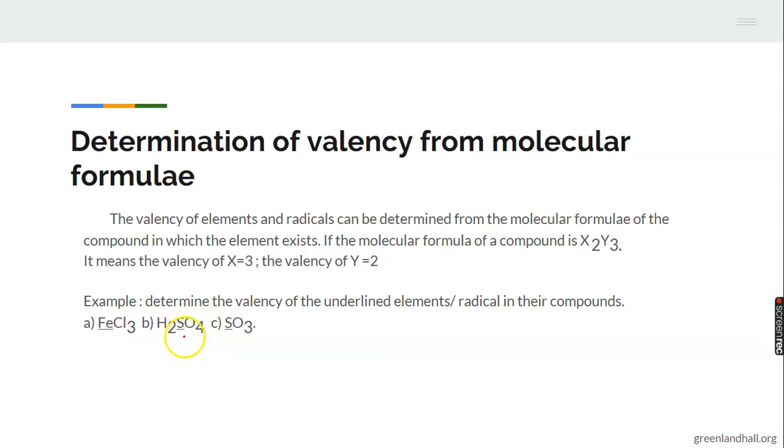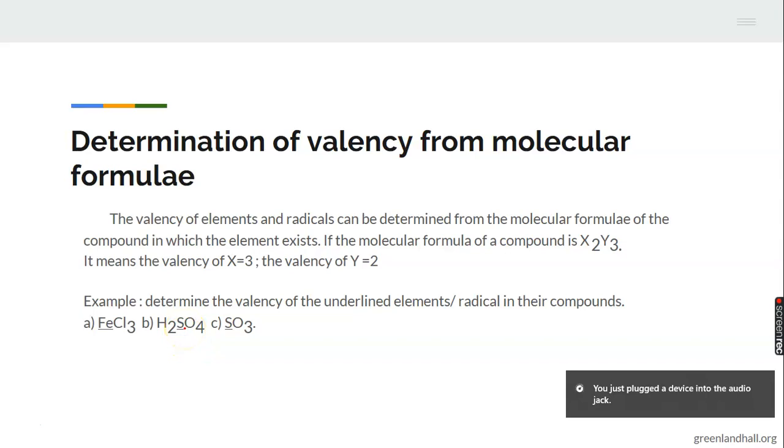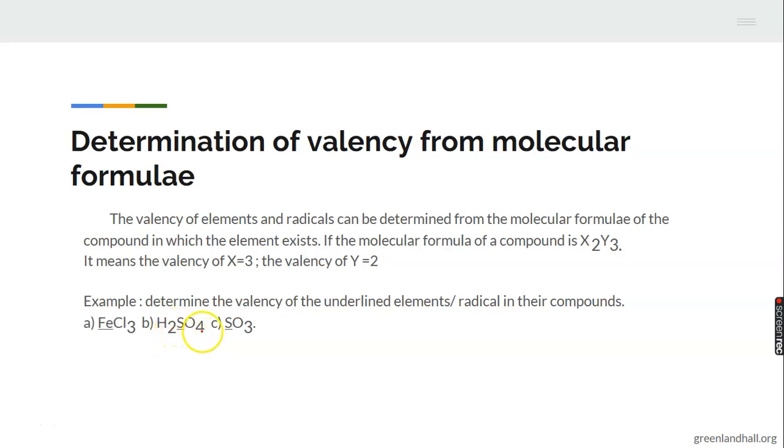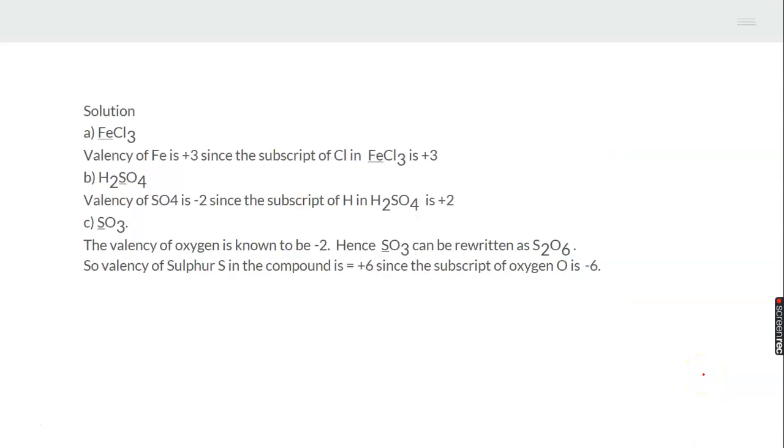To determine that, you must make sure that you equate the whole compound to 0. So it will be easier for you to determine that. Same thing in part B, you have to determine the valency of sulfur in the given sulfur compounds. We have to do that in this solution.